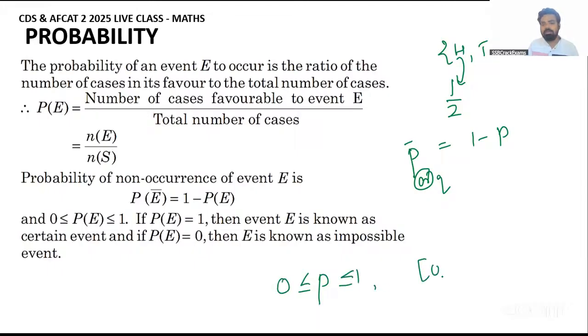It will lie in the closed interval [0, 1]. If the probability is 0, then the event cannot happen. If the probability is 1, then the event will always happen. So the first case is called an impossible event, and the second case is called a certain event.